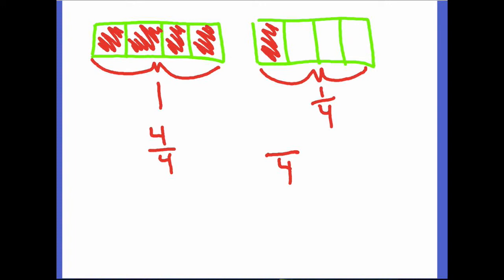How many total fourths do I have when I combine them? What do you think? 5/4. You guys need to make sure eyeballs are up here at all times because you are going to get messed up. So when I borrow 1 whole and add it to 1/4, it becomes 5/4.